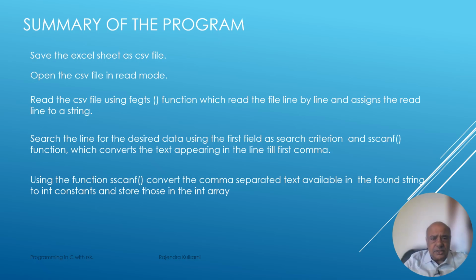Again we use the scanf function and convert the comma separated text in the found string into int constants, and store those constants in the int array. So by the end of the program, we have an array which contains all the data which was present in the original Excel file in formatted form.